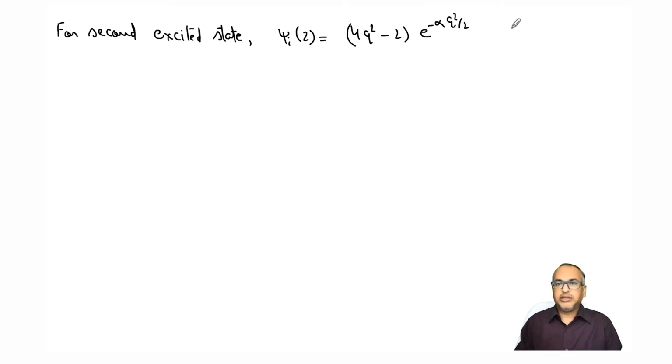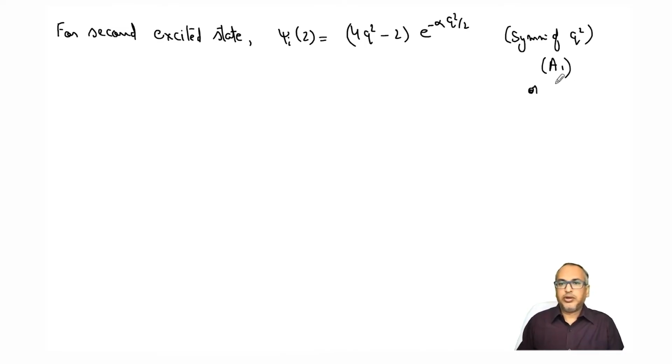Now this means we need the symmetry of q². The symmetry of q² is the totally symmetric representation, right? So for the second excited state, the symmetry becomes totally symmetric, that means A1.